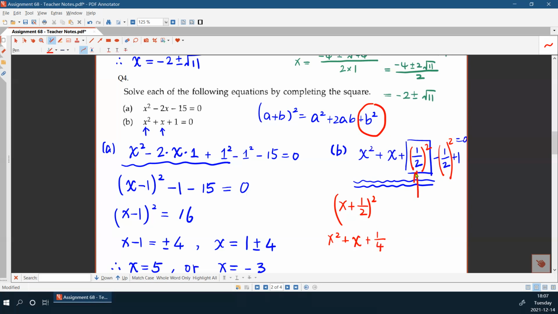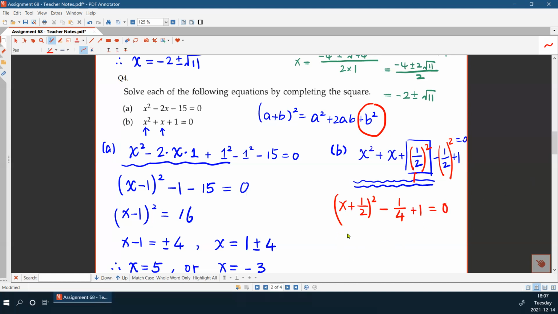And 1/4 is your term here, right? So that means the first part can be rewritten as a perfect square, which is the sum of x and 1/2, squared. And then copy the rest of the equation. Minus 1/2 squared is 1/4, right? And then plus 1, and then equals 0, right?